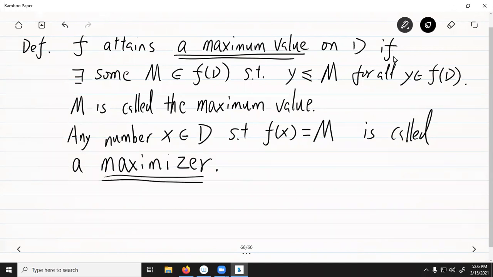Maximizer means the x values. Maximum means the f values, the function values. So this is the definition for the maximum value and the maximizer.